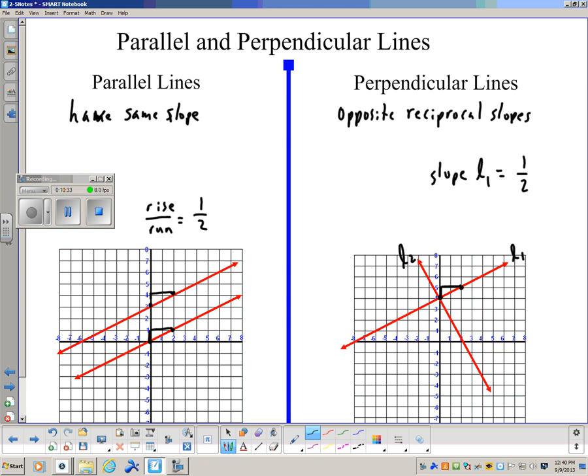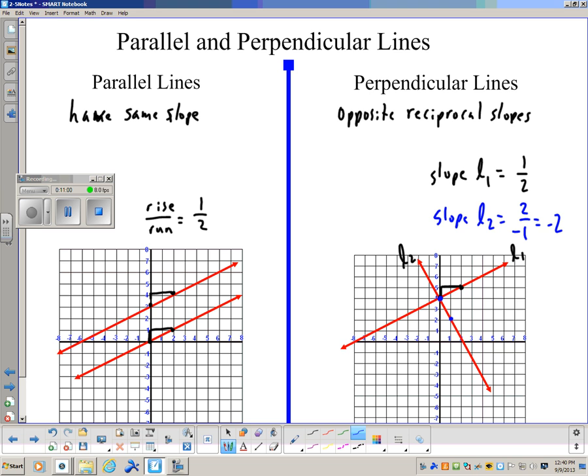And if I look at the slope of line 2 there, I'll do that one in blue here. So I'm going to do a point there, and it looks like a point there. So my slope here, I'm going to rise 2, so rising 2 and running 1 to the left.